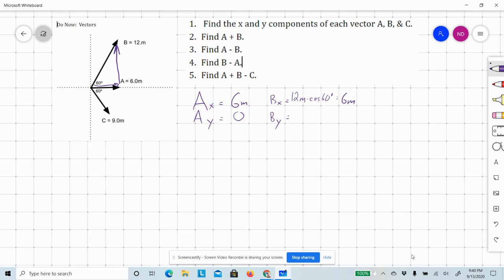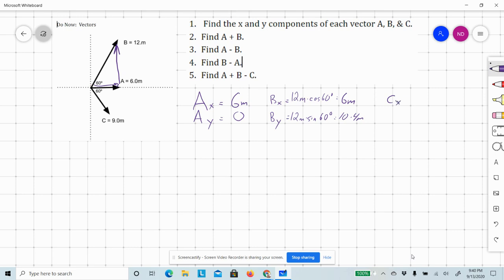The vertical piece, the y direction of vector B, is opposite the 60-degree angle, so that's going to be sine. So you get 12 meters times the sine of 60 degrees, and that equals 8.66 times 12, 10.4 meters.